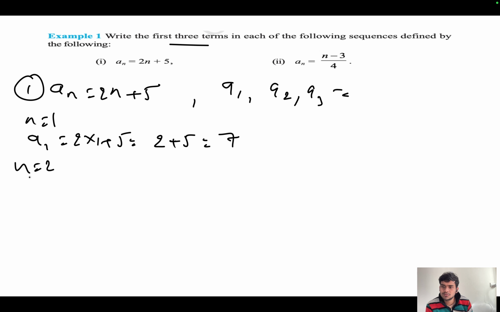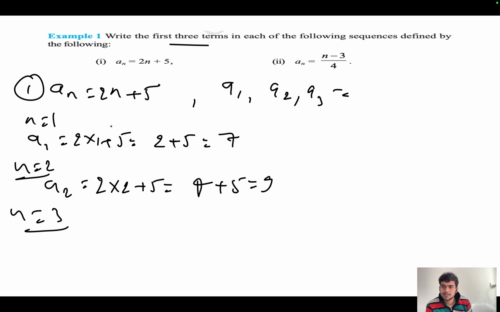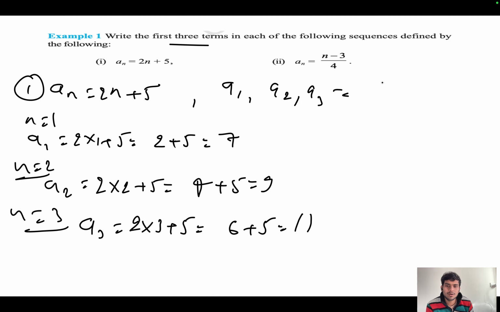Put n equals 2: a2 is 2 into 2 plus 5, that is 4 plus 5, which is 9. Put n equals 3: a3 is 2 into 3 plus 5, that is 6 plus 5, which is 11. So we have got 7, 9 and 11.